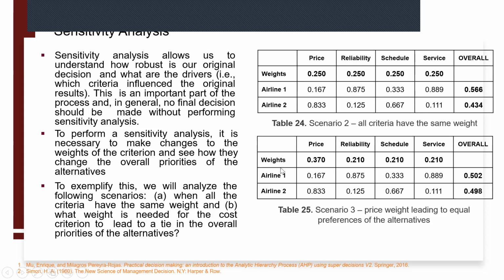And then for the next one, what I did here, you have to remember when we started this, the important part, the criteria that stands out between the two is the cost, the price.